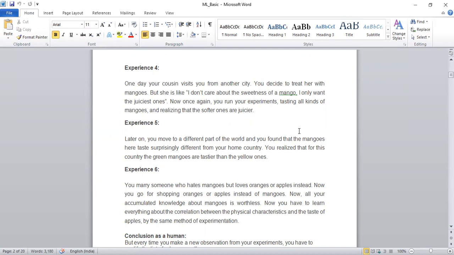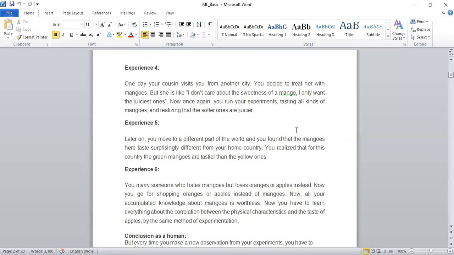Now you have to learn everything about the correlation between the physical characteristics and the taste of apples by the same method of experimentation, that is the size, color, taste, juiciness, and ripeness of the apples and oranges.